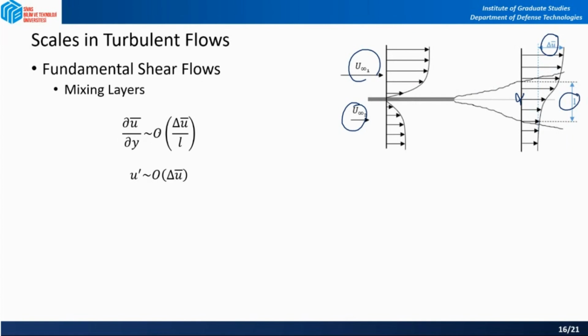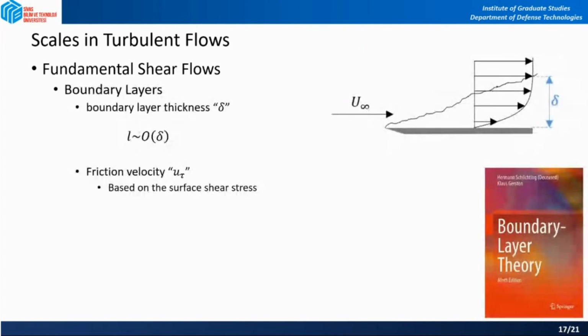And then the wall-bounded shear flows, like the boundary layers. When we talk about boundary layer flows, we have a solid surface, and over this surface there is a mean velocity profile, as you see. So the boundary layer is growing, and there is a certain length scale associated with it.